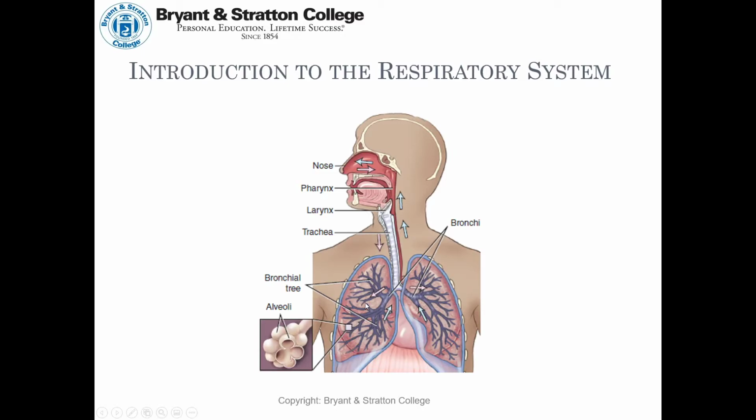And these structures are called alveoli. Alveoli, they look like little sacs clustered together, kind of like grapes on a vine. Incredibly thin, all right? And there are capillaries essentially touching the alveoli.